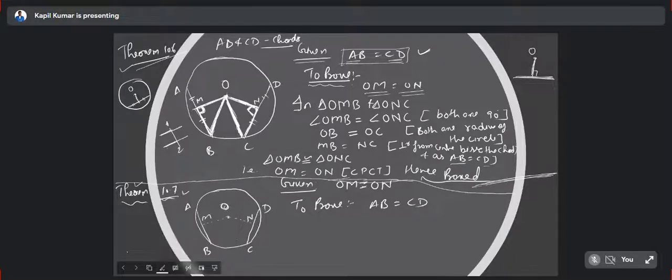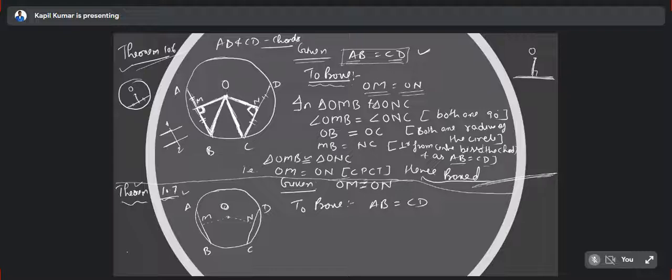Sir, perpendicular is exactly 90 degrees, right, sir? Yes. So, sir, perpendicular from the center bisects the chord. Where is the perpendicular line over here, sir? Is it A and B? No, sir, at M. Is it perpendicular? Yes, yes, yes.